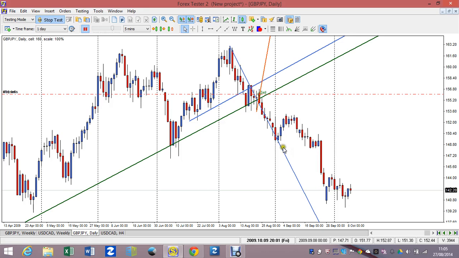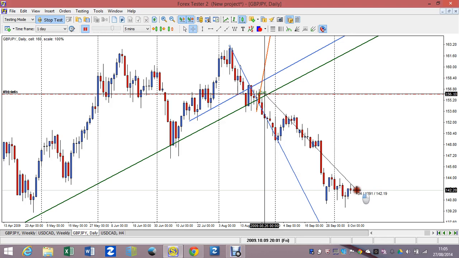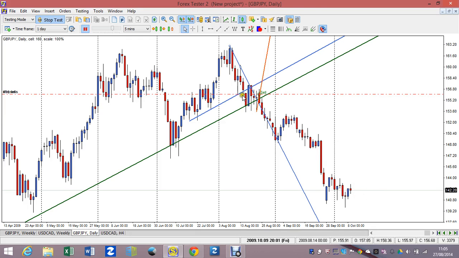The daily's not looking too bad, but I think what I'm going to do here is, I'm up a 1,000 pips.